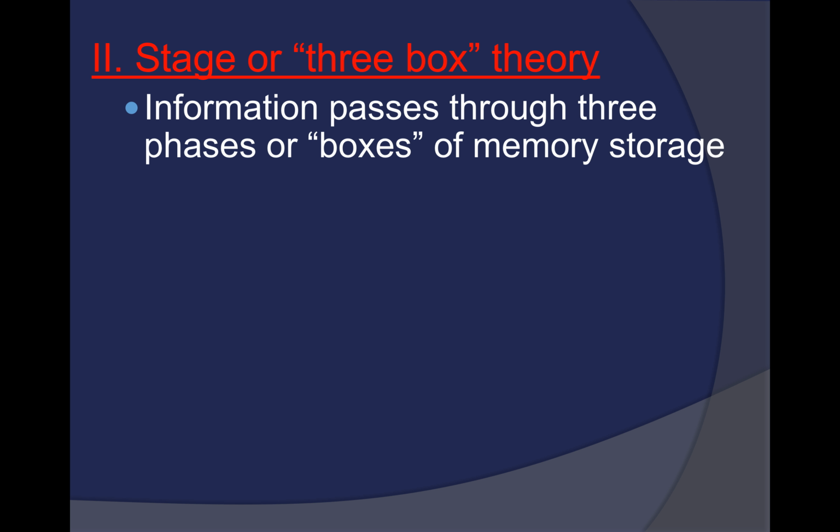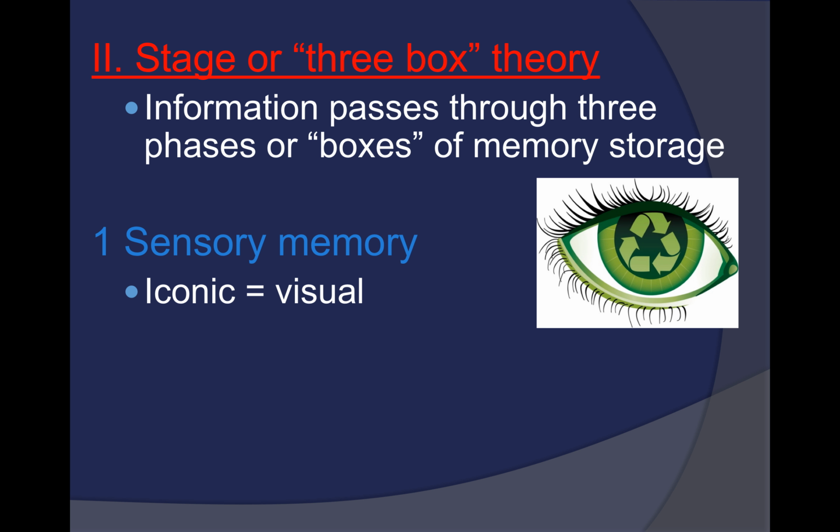So again, information passes through these 3 phases, and the first phase is called sensory memory. The first type of sensory memory is iconic or visual memory. An icon is a visual image, and so the word iconic makes sense. Just as an example of this, if you hold an object in front of you against a blank wall and you just stare at that object and shut your eyes just for a second behind your eyelids, as odd as that sounds, you see kind of a crude image of what you just looked at.